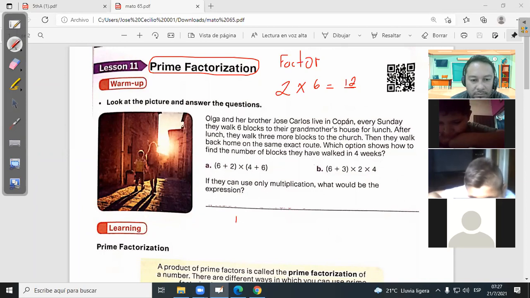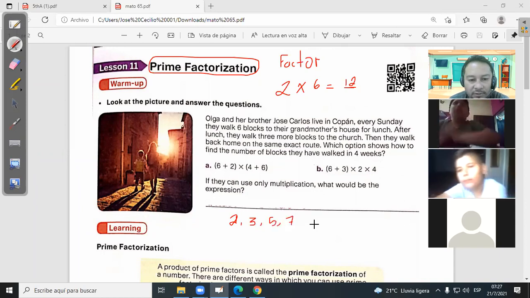For example, what would be the prime numbers? Number 2, number 3, number 5, number 7, okay? Number 9?